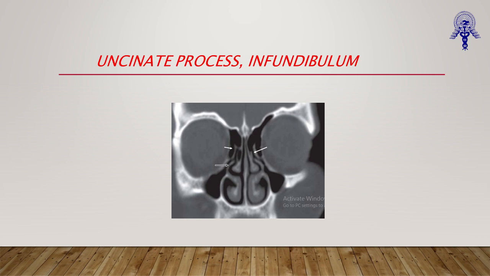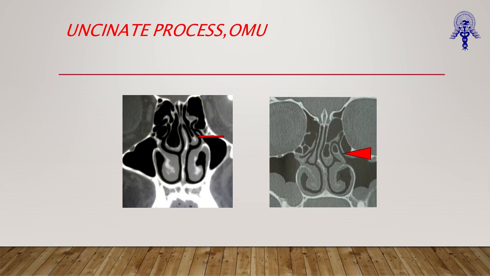And therefore, we need to understand the osteomeatal complex and the attachment of the uncinate process, which can be medially or laterally rotated. As you can see, the uncinate process here, this is quite a wide infundibulum, but because of this concha bullosa, the anatomy in this region is distorted.